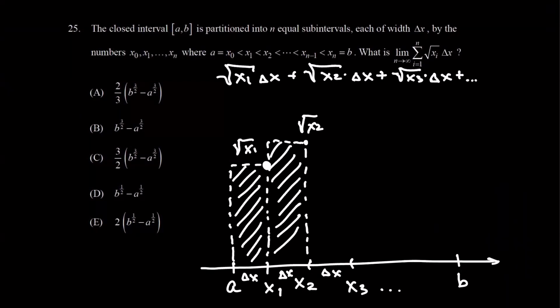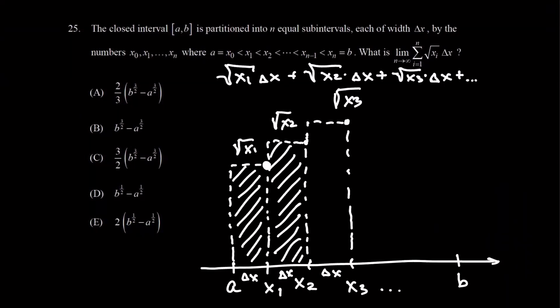And then similarly for x3, somewhere here we have the point which is the square root of x3, and the area is again the area of this rectangle.